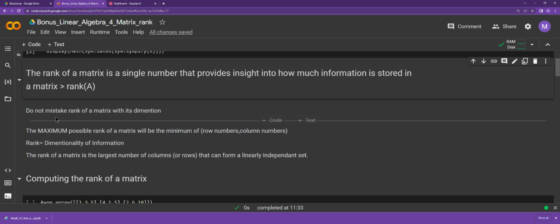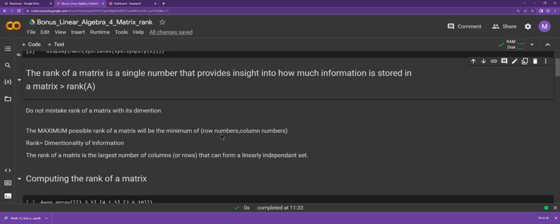Okay, now don't mistake the rank of a matrix with its dimension. You can have a matrix which is 1000 by 1000 columns and rows, and you can technically have a rank of one. It is possible. So it has nothing to do with the dimension of the matrix. And you need to bear in mind the maximum possible rank of a matrix will be the minimum of the number of rows or column numbers.